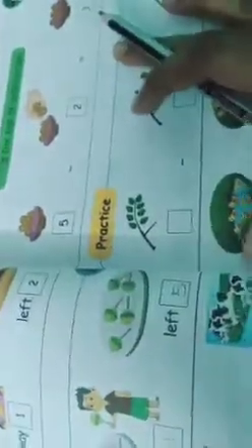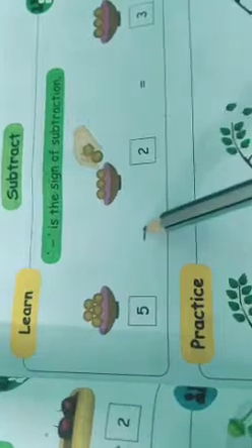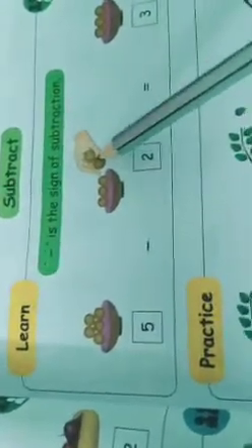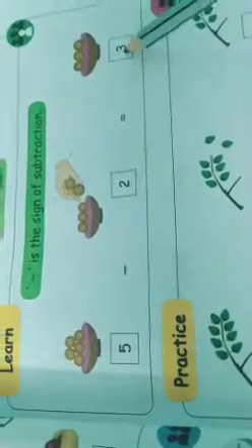Here we are not putting the symbol, but here we use the symbol. That is the difference between these 2 pages. But the method is all the same. We put the symbol of subtraction. Then how many taken away? 1, 2. So put 2 here. Equal to. So finally how many? 1, 2, 3.